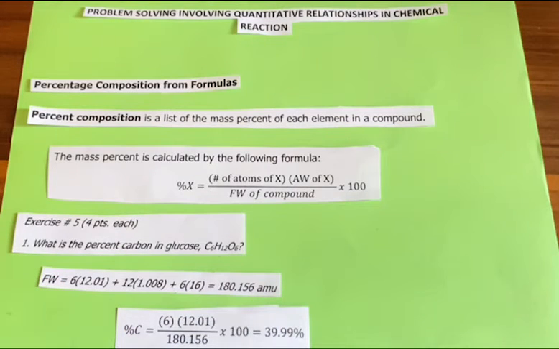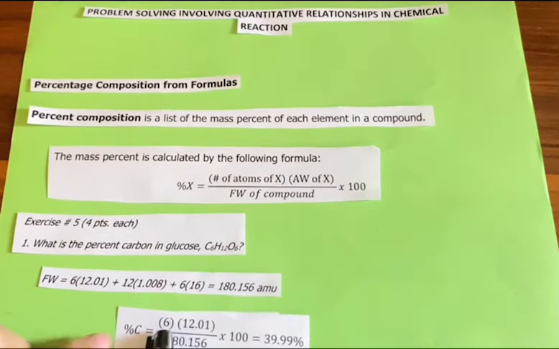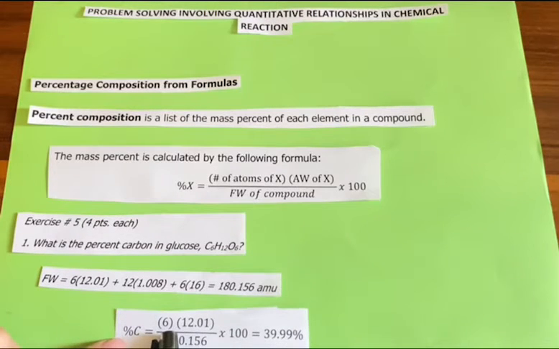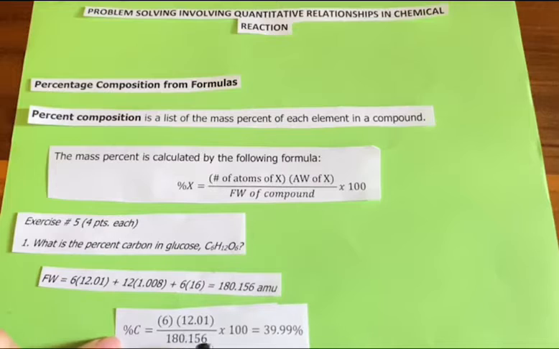The percent carbon is equal to 6, which is the number of atoms of element carbon, times 12.01, which is the atomic weight of the element carbon, divided by the formula weight of the compound, or the formula weight of glucose, and that is multiplied by 100, which gives us 39.99%.